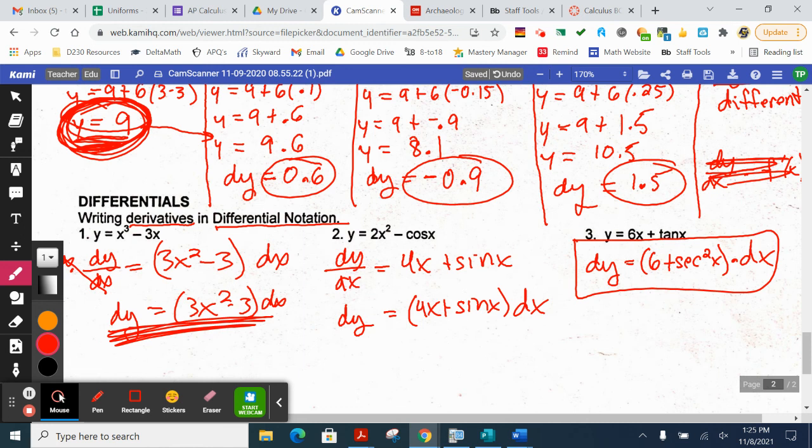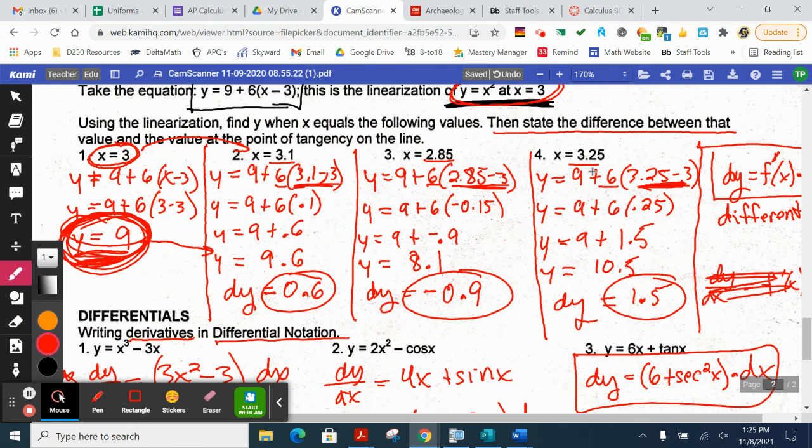Could you explain the first part, the differential notation? How did we get that? We got it from all of these up here. So notice how this 0.6 was gotten from this product, and the negative 0.9 was gotten from this product. 1.5 was gotten from this product. So our dy every single time, so that's what I started with right here. Every single time we got it by taking the derivative value of 6.